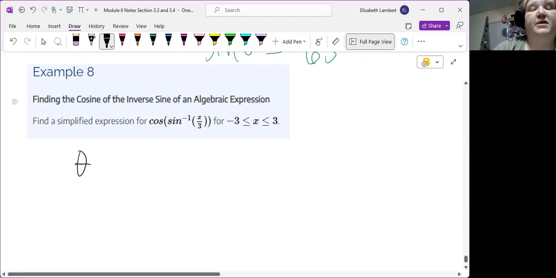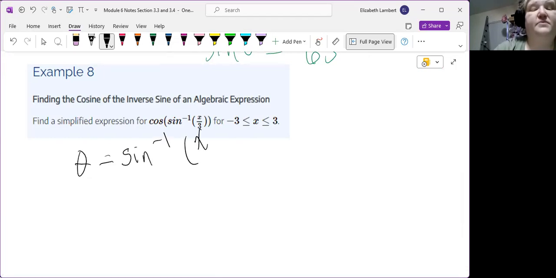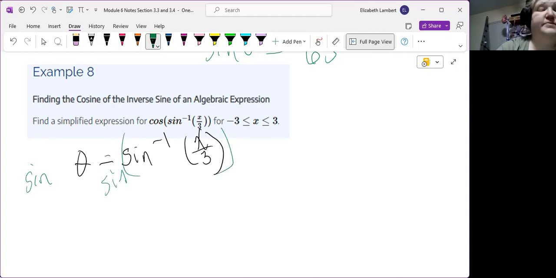So our angle is what's inside cosine. So I could rewrite this with sine. So our sine of theta is x over 3.